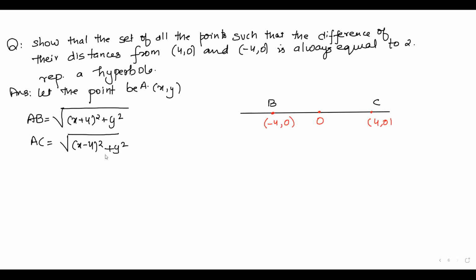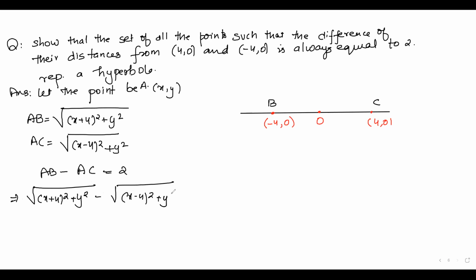This clear? Yes, sir. Now what they are saying is that AB minus AC is equal to 2. Just put it over here: the square root of (x plus 4) whole square plus y square minus the square root of (x minus 4) whole square plus y square is equal to 2.